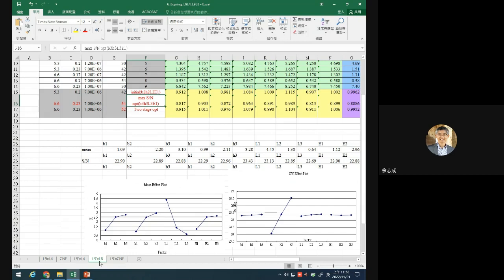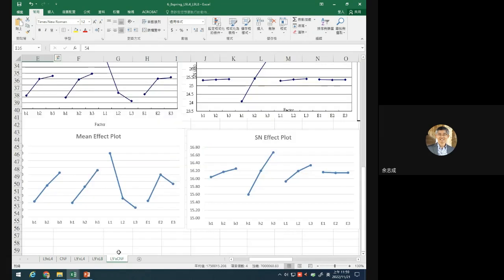It is very possible if we are using compound noise factor, the estimation of the SN will be not as accurate as when you are using orthogonal array. That's the drawback. However, you can live with that because from this effect plot, you still have the same design.